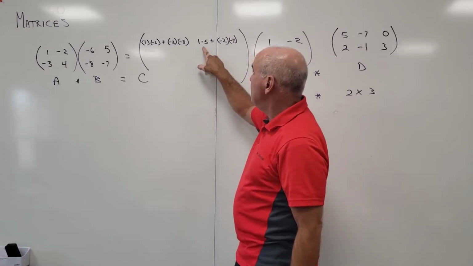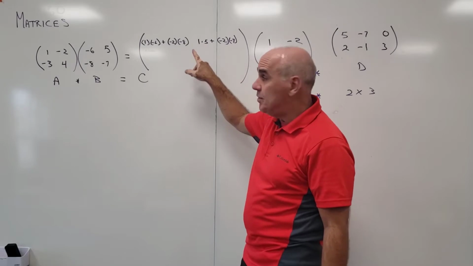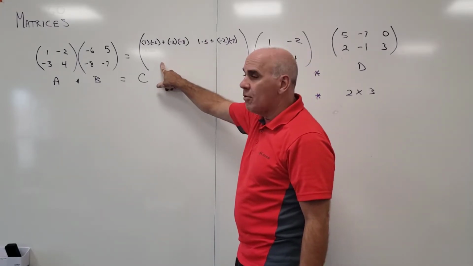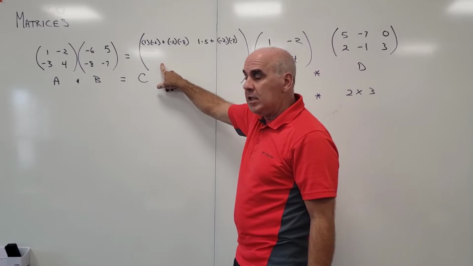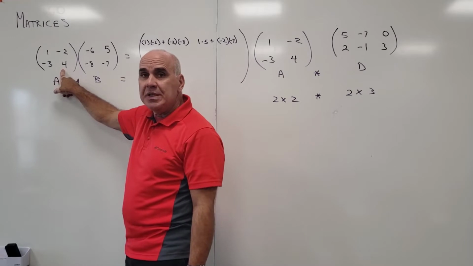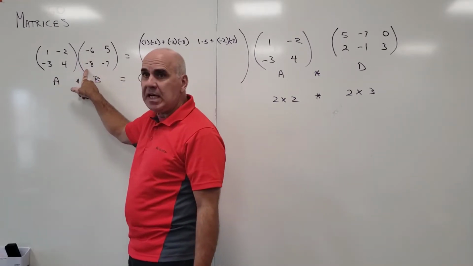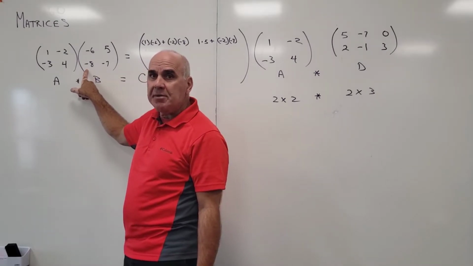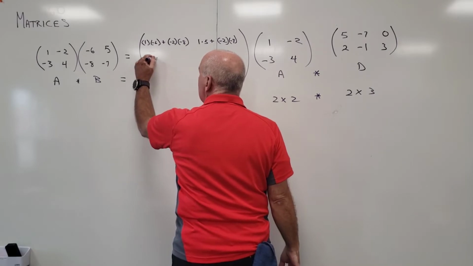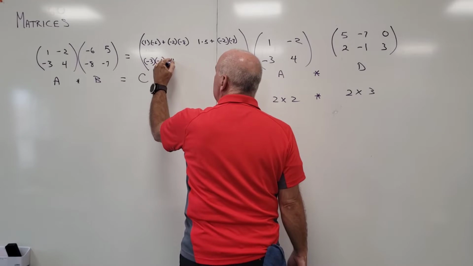Right, so this is the elements in row 1, the 1 and the -2, and the elements in column 2, the 5 and the -7. So this is going to be row 2, column 1. So I use -3 and 4, that's row 2 in the left-hand matrix, and -6 and -8, that's column 1 of the right-hand matrix. So it's going to be -3 times -6 plus 4 times -8.